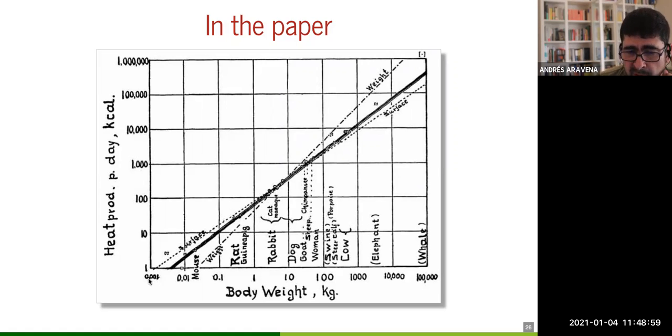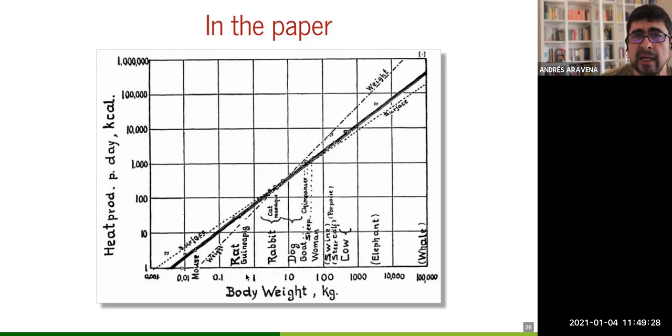For example, here you have 0.001, 0.01, 0.1, 1, 10, 100. So you see that the numbers are not growing linearly, they are not adding, they are multiplying. You multiply by 10 every step. Same here, 1, 10, 100, 1,000, 10,000. So this is how you see logarithm scales in real life.